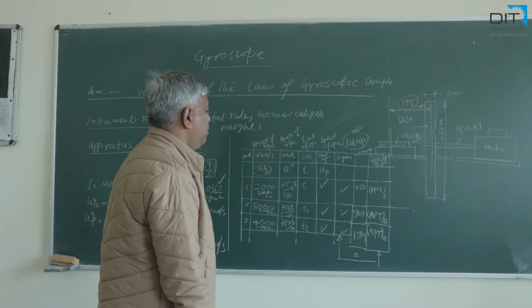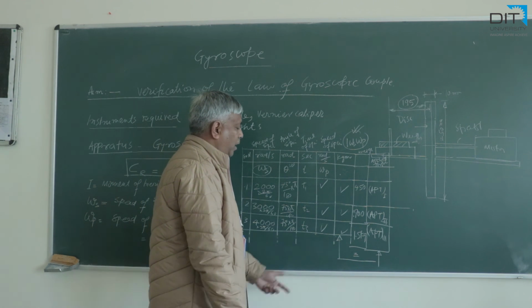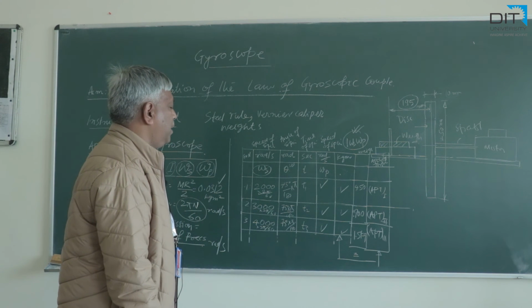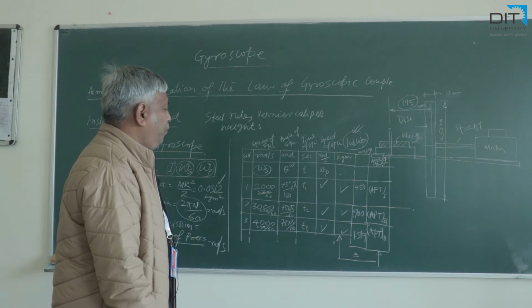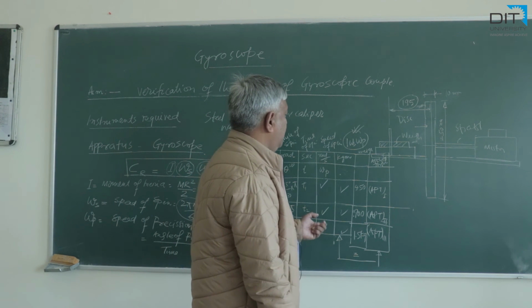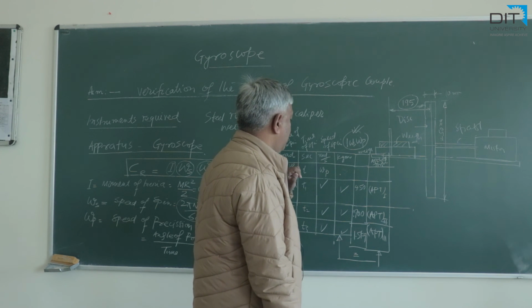But practically there will be certain deviation, maybe 5%, 10% error due to human error in taking the measurement, as well as friction between the shafts and bushes, shaft and bearing of the setup.